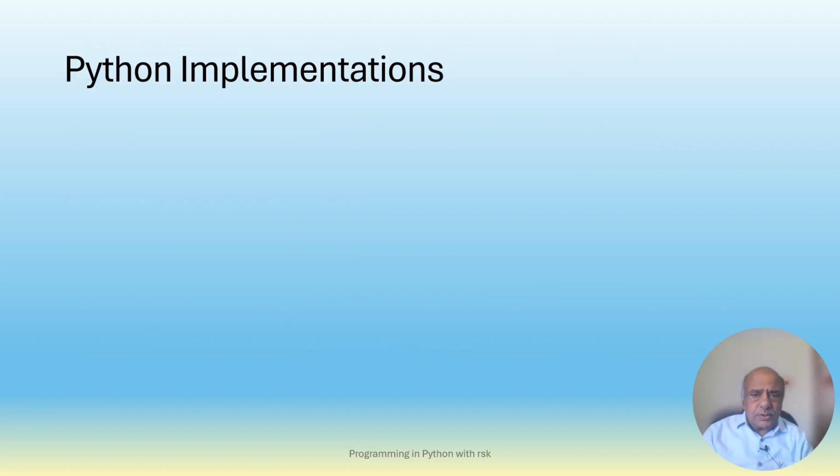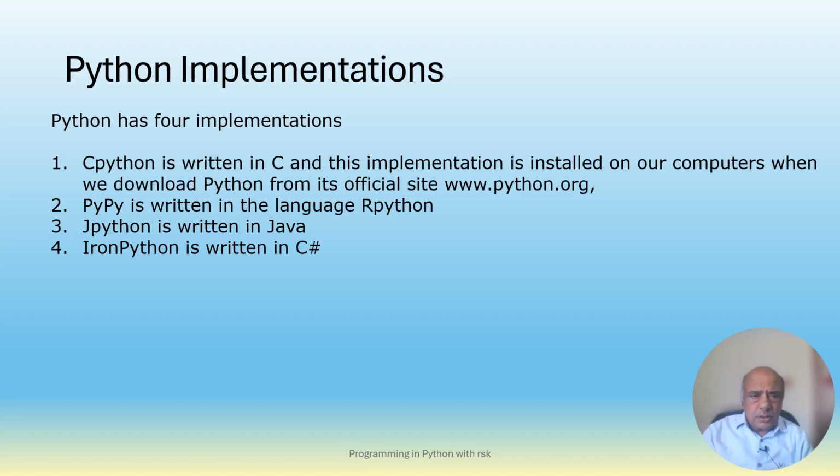There are 4 implementations of Python. They are called CPython, which is written in C. When we download Python from its official website python.org, we get CPython.